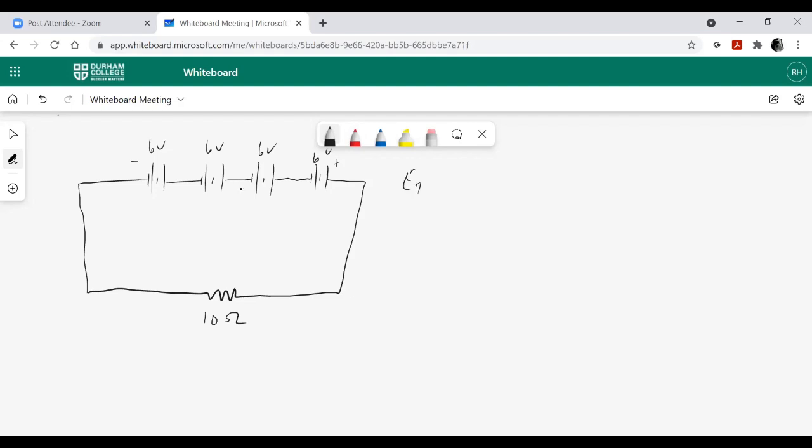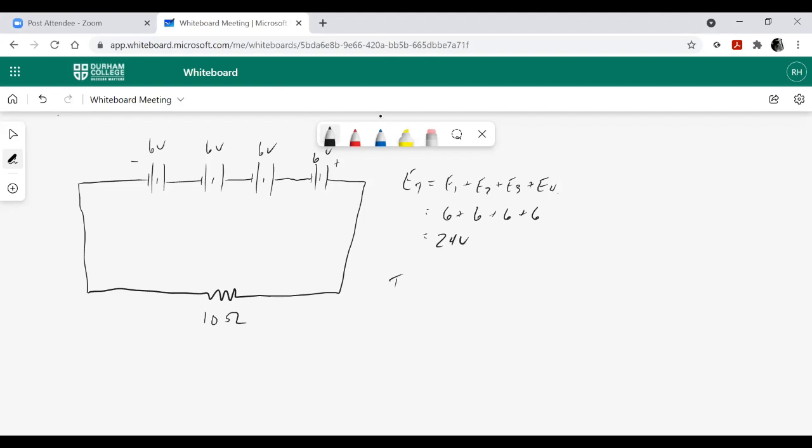So E total equals E1 plus E2 plus E3 plus E4, because I know in a series circuit my voltages are additive, right? Those are series circuit rules. So 6 plus 6 plus 6 plus 6 gives me 24 volts.